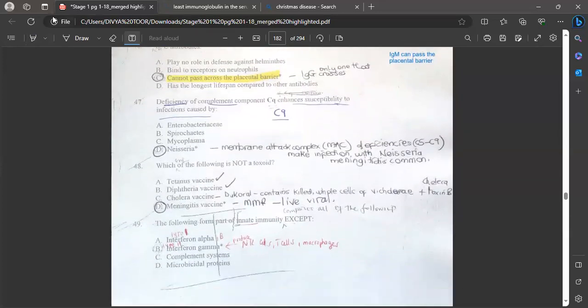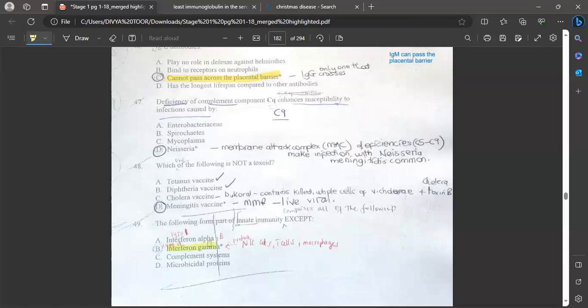And then deficiency of complement system enhances susceptibility to infections caused by, no idea. So on your own time, just look at complement.